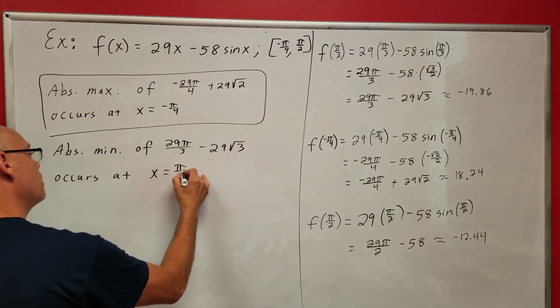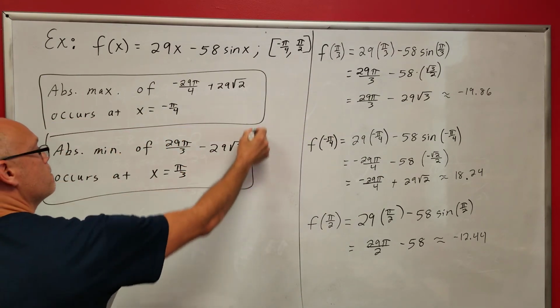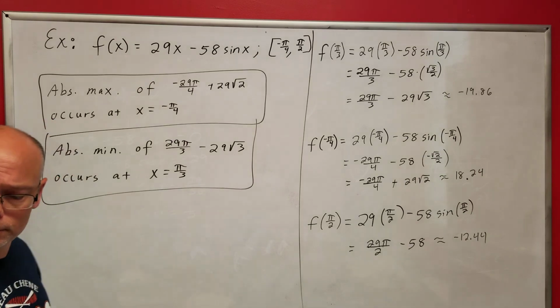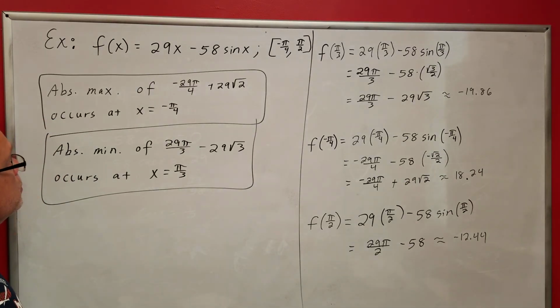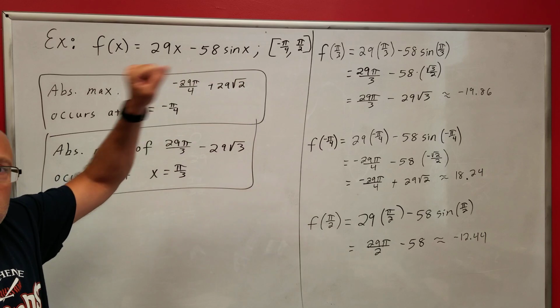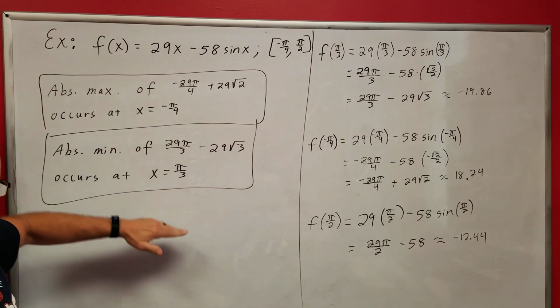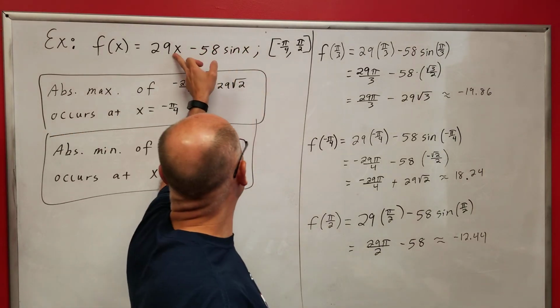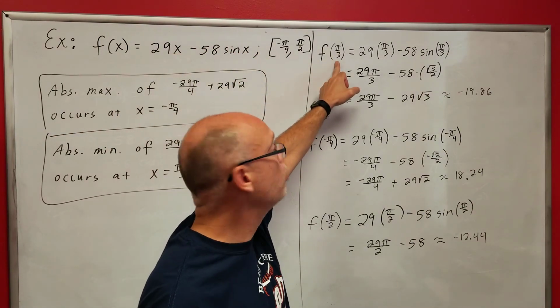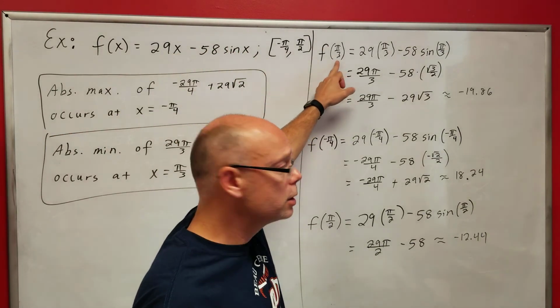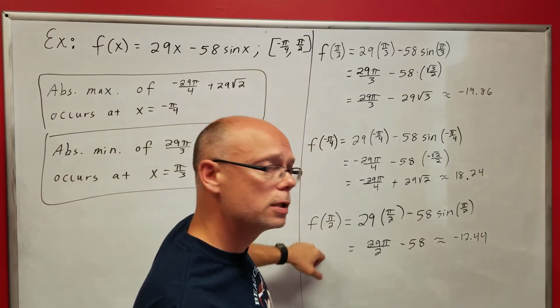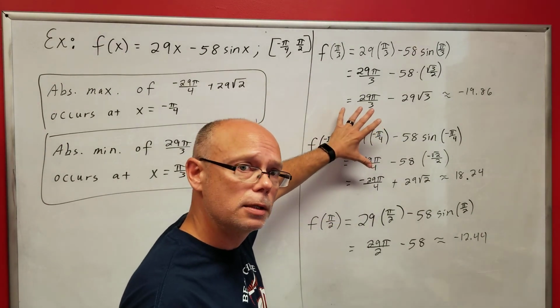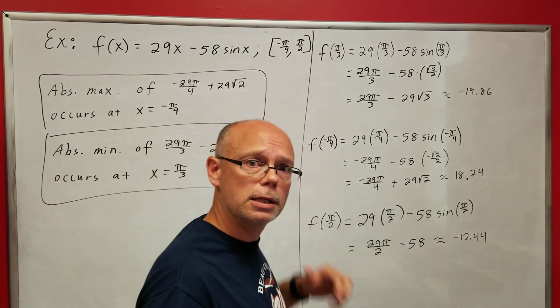All right, big picture: what did we do? We had a closed interval like this. We found the critical points in the interval, and evaluated my original function at that critical point and at each one of these endpoints. Which one was the max, the highest? Which one's the min, the lowest value?